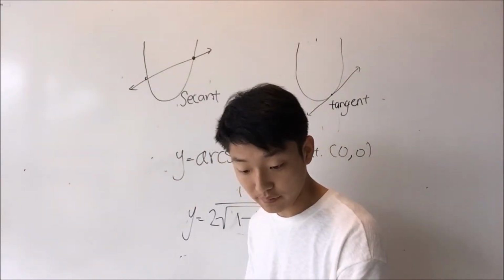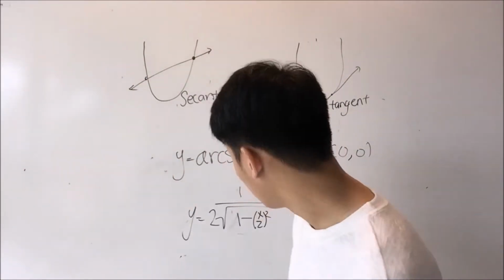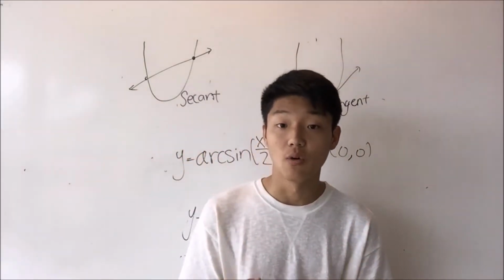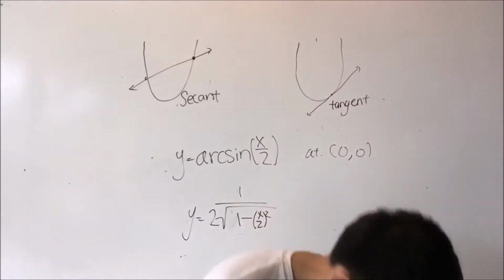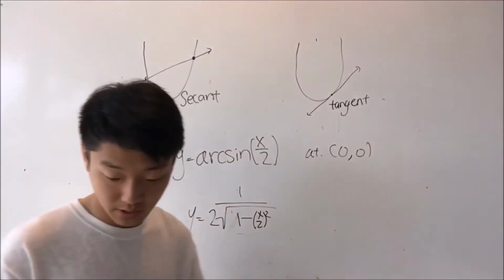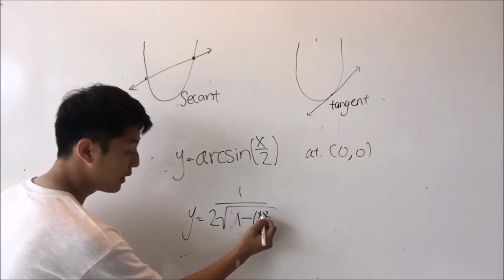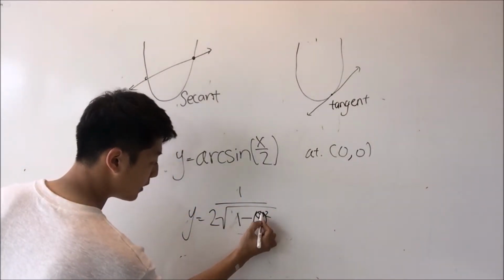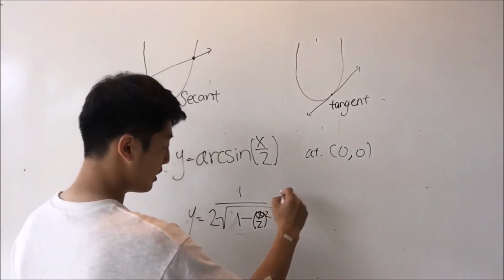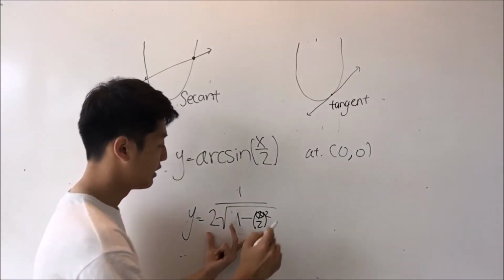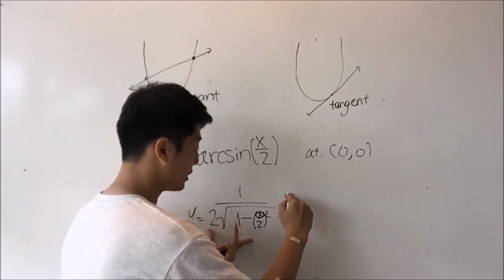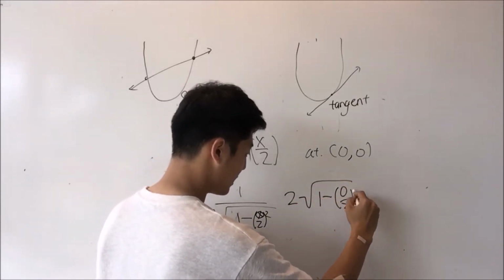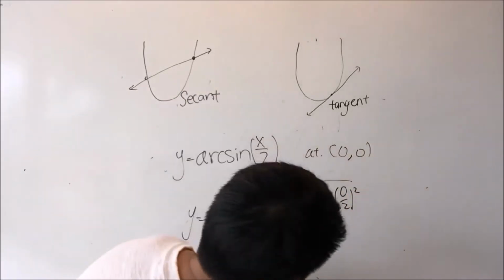The equation of the tangent to the graph at the origin is... If you simplify this, you will kill yourself because it's too much work. One trick is to just plug in 0 here because it's at the origin. So I will magnify the denominator: 1 minus 0 over 2 squared, which becomes 0.